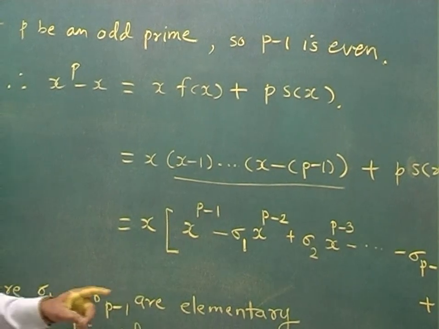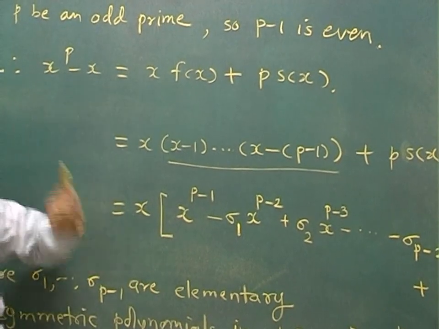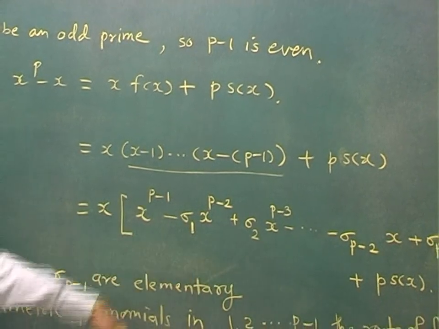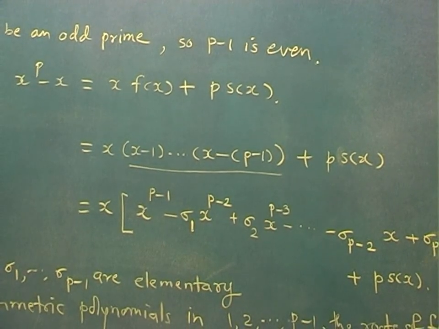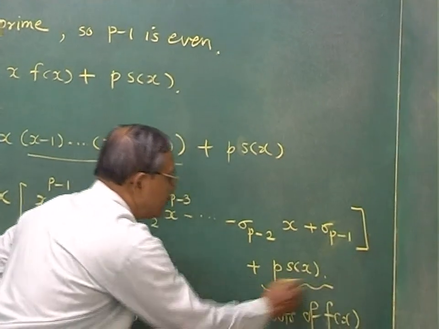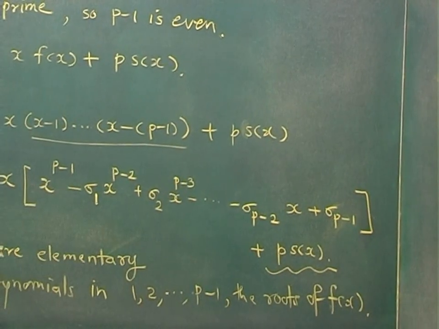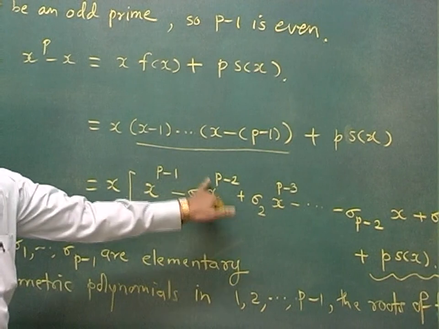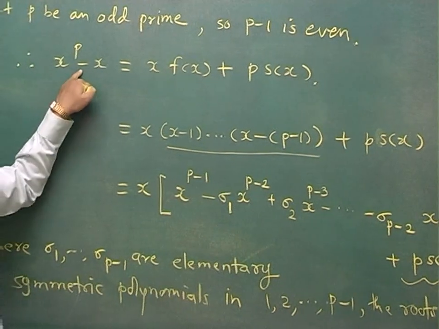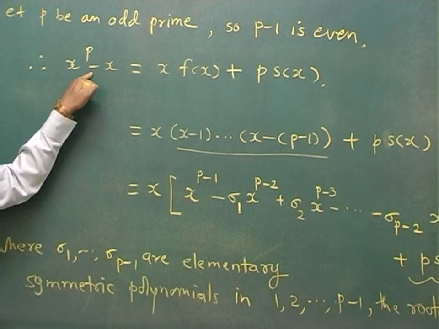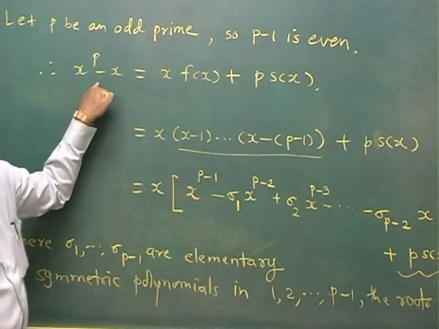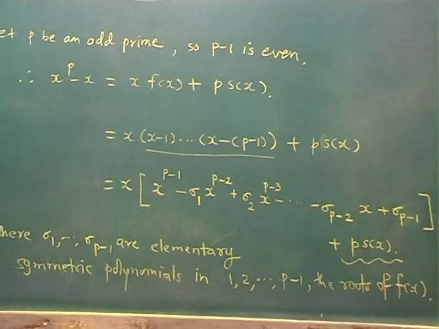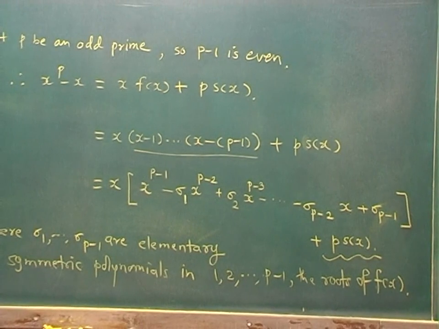And so it means that sigma (p minus 1) is congruent to minus 1 mod p, because here we have p times s(x). This is a polynomial where all coefficients are divisible by p. What about sigma 1? Sigma 1 is the coefficient of x^(p minus 1). Here the coefficient of x^(p minus 1) is 0. That means sigma 1 is congruent to 0 mod p. So sigma 1 is 0 mod p, sigma 2 is 0 mod p, sigma 3 is 0 mod p, up to sigma (p minus 2). All of them are 0 mod p, divisible by p.